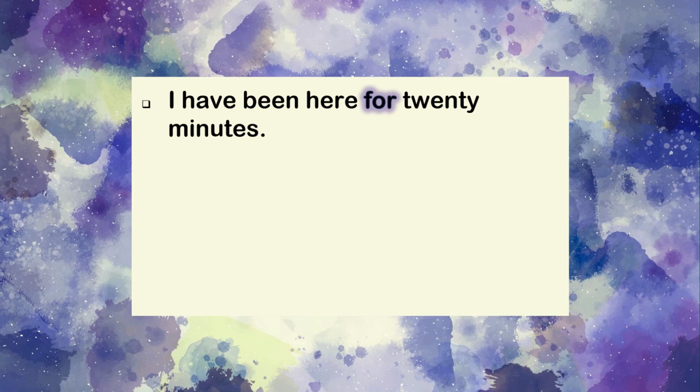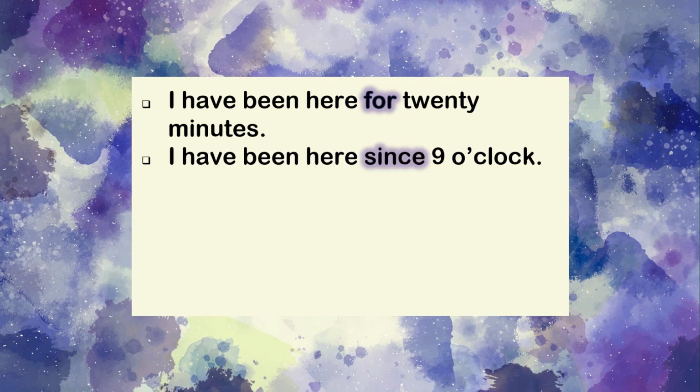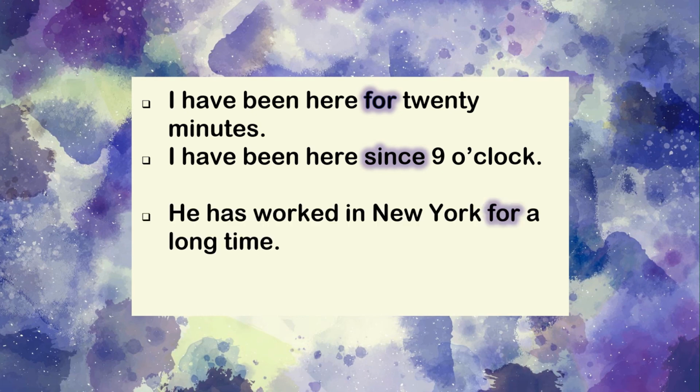In this case, have, because you're talking about the first person singular, and then you have the verb in past participle and also the complement. I have been here since 9 o'clock. So in this case, you're talking about a specific time, right? So also you have the subject, the auxiliary verb, and also the past participle verb and the complement.